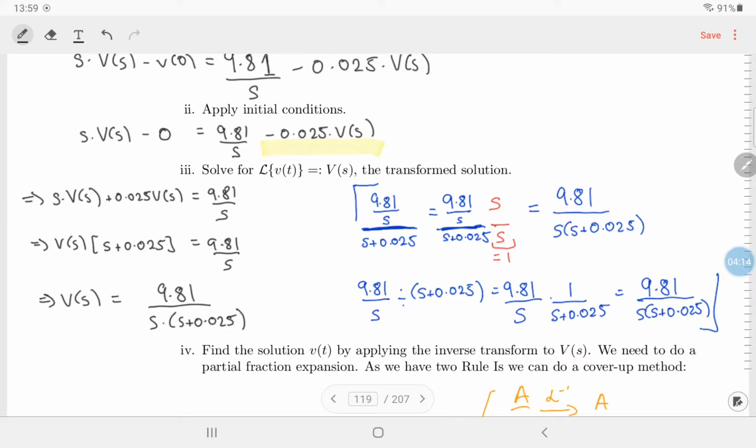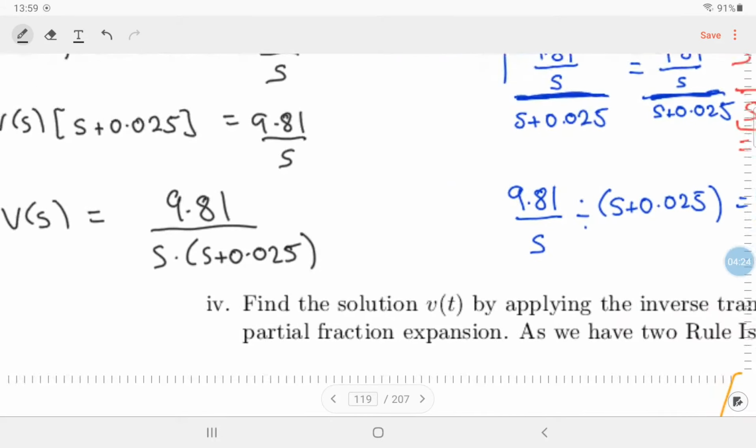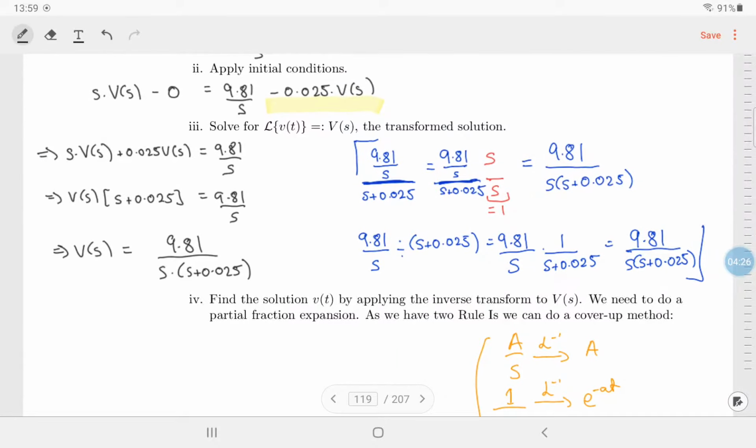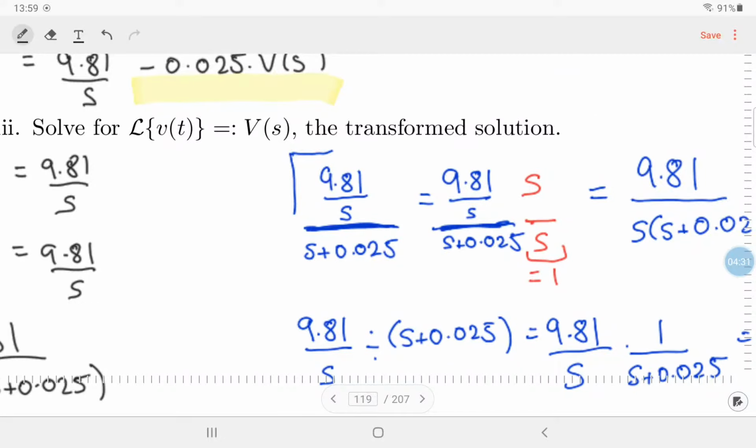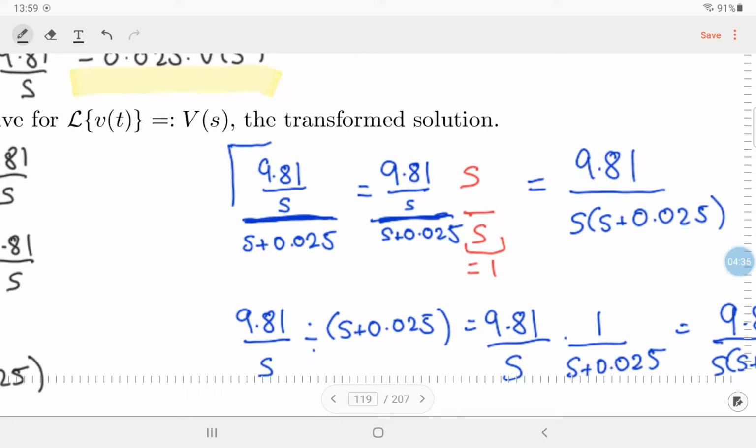Now we've got two alternative ways of explaining why, if we divide 9.81 over s by s plus 0.025, we get what we get here. The first explanation is to literally write 9.81 divided by s, all divided by s plus 0.025. And you can say, I don't like a fraction in a fraction.